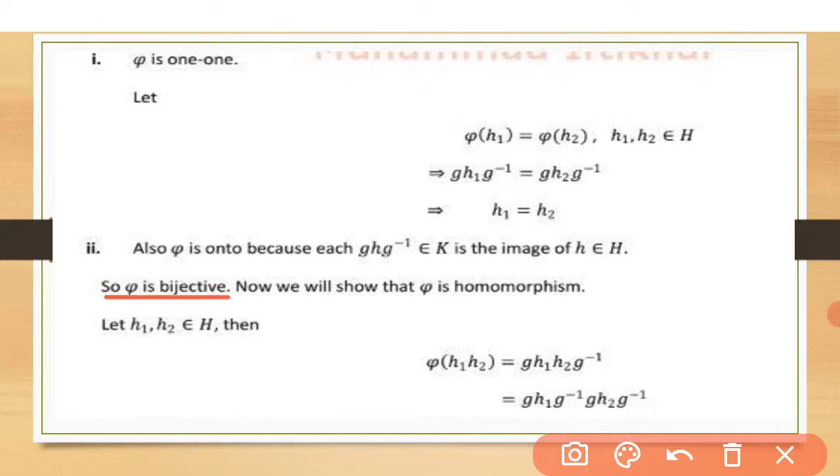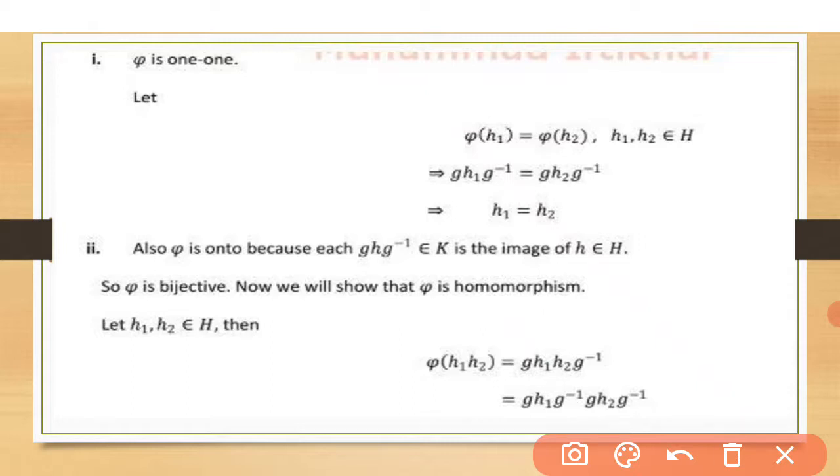Now we are going to prove that phi is a homomorphism. For homomorphism, we take two elements from H, h1 and h2, and apply phi on them. When we apply phi on them, this gives us the conjugate elements: g h1 h2 g inverse. This g into g inverse we put in between h1 and h2 because these are inverses of each other and can be put anywhere. Their answer is the identity element.